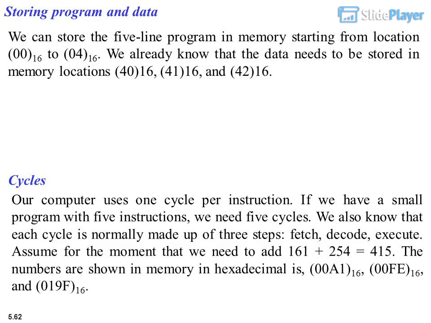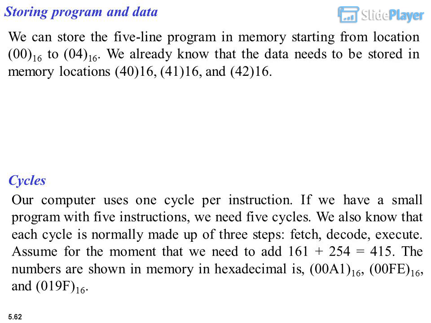Storing program and data. We can store the 5-line program in memory starting from location 00₁₆ to 04₁₆. We already know that the data needs to be stored in memory locations 40₁₆, 41₁₆, and 42₁₆. Cycles. Our computer uses 1 cycle per instruction.